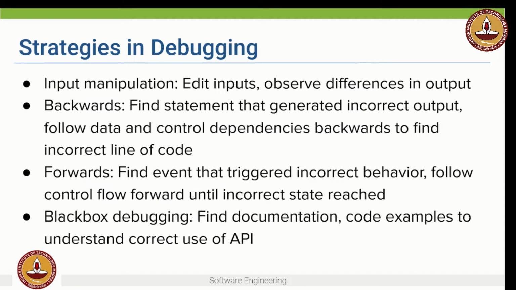We do not have access to the inner workings of those libraries and APIs, but by going through the documentation and code, we are able to understand if we have made certain errors or mistakes while calling an API or a library. So these are different strategies which you can use as you debug your code.